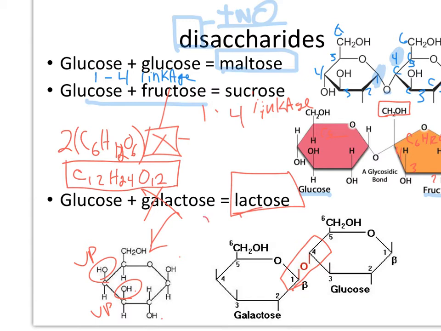But as you probably know from the difference between tasting sugar and milk, the taste, the experience of these is significantly different. Milk obviously doesn't just have lactose in it, but the chemical taste is significantly different, and that's because you end up getting these different structures, so that affects your tongue differently.